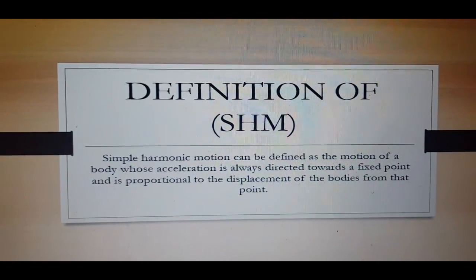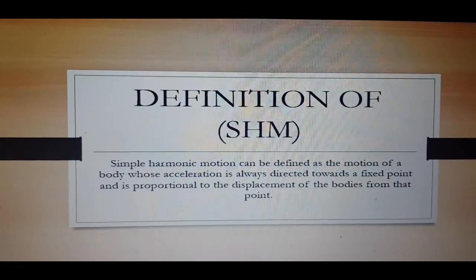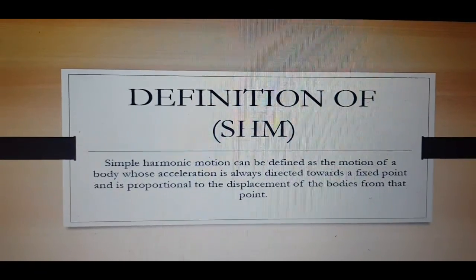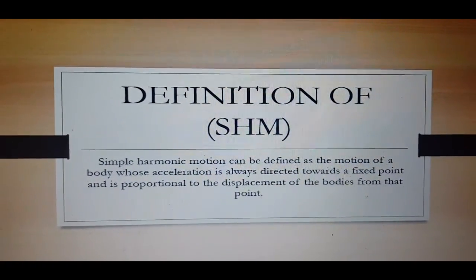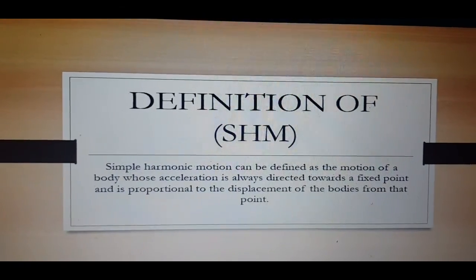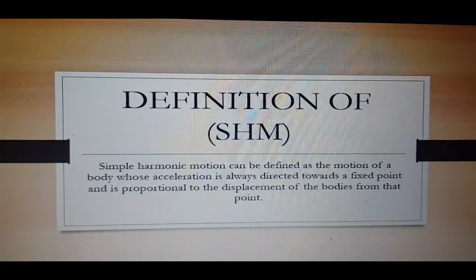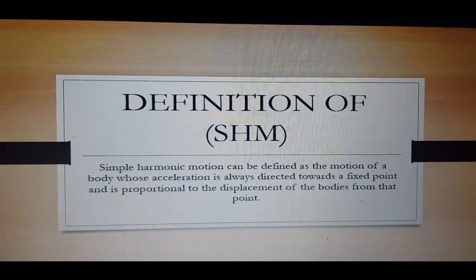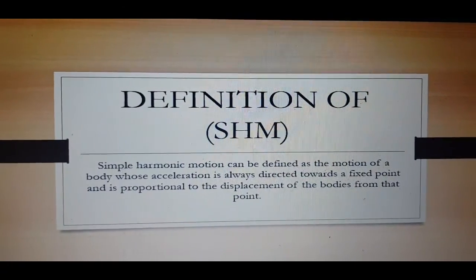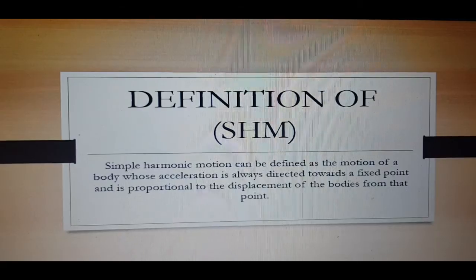It has a fixed point where the object is fixed so that it can move proportional to the displacement of the body. This is what we call simple harmonic motion, class.